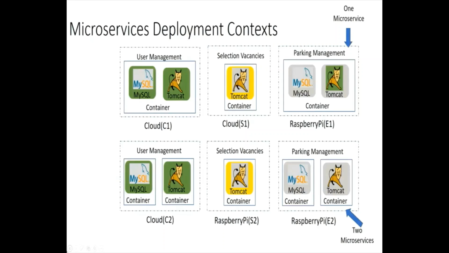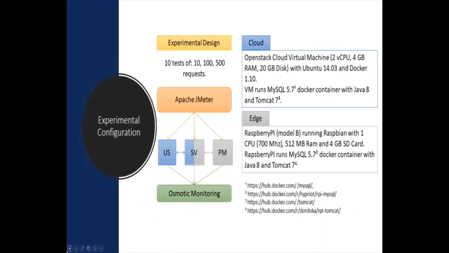So here there are two microservices, but there just one microservice, and we use our monitoring technique to monitor the runtime implications of these different deployment decisions. What I'm trying to get at here is that your deployment decision can affect your runtime performance. So you need to link those two things together to be able to see how you decompose your application into microservices and how they are going to be hosted, either in the same container or different containers, and then how that leads to different results in our experimental setup.